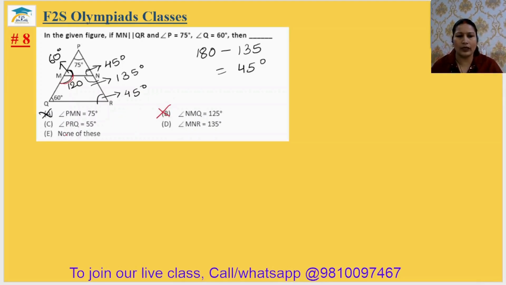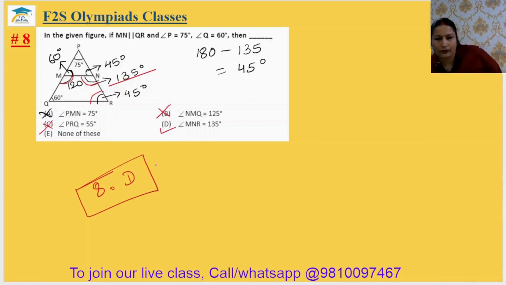No. Angle PRQ will be equal to 55 degree. No. Now next is angle MNR. This one should be equal to 135 degree. Yes, I have written it 135. So in question number 8, the answer will be D.